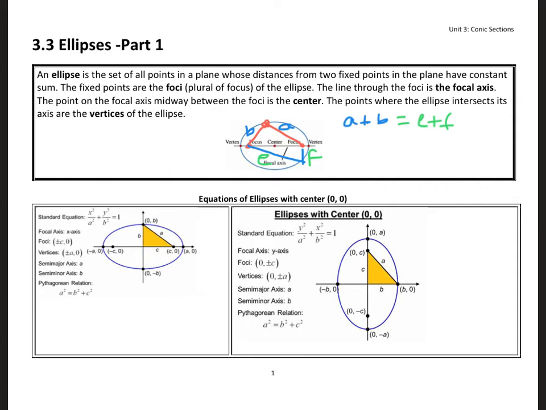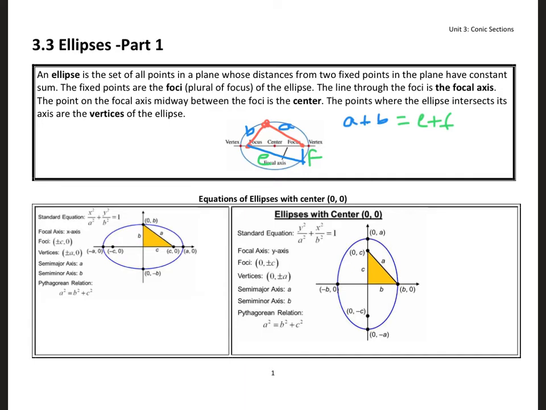What else do we need to remember when we are looking at ellipses? We need to remember the standard equation of the ellipse. This is when it's opening along the x-axis, where the major axis is along the x-axis. You can see the vertices are negative a, 0 to a, 0. So the semi-major axis is a, and the semi-minor axis is b, just half of it.